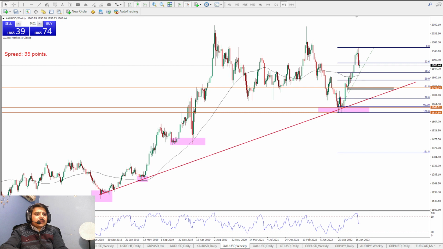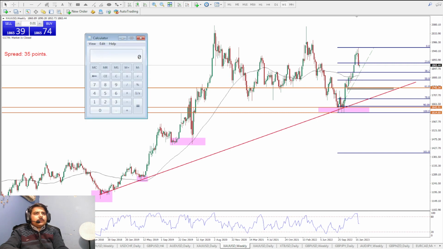Where is the calculator? 4 months is almost 20 tradable days into 4, into 61.8%, so 49.44.